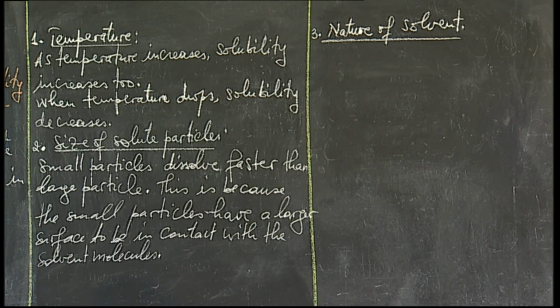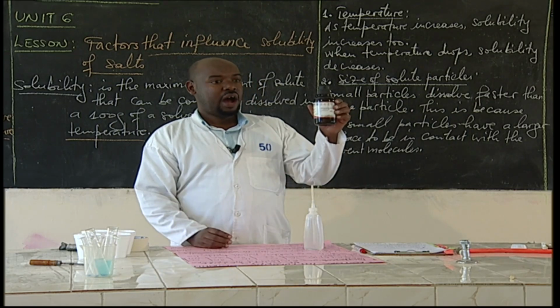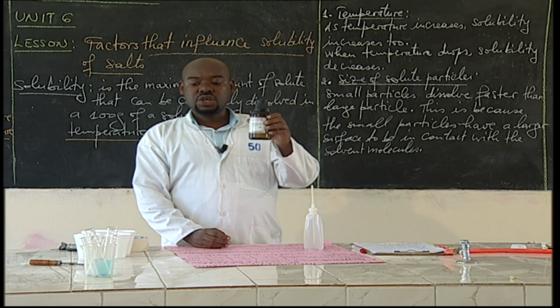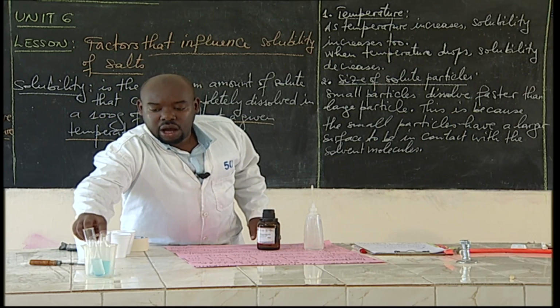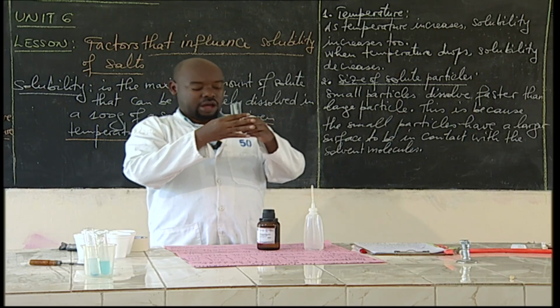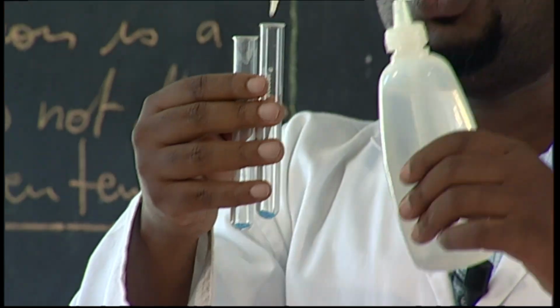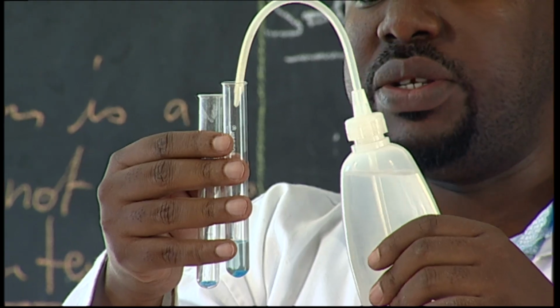We will use water as the inorganic solvent and hexane as the organic solvent. What happens? Here we have our solute in the two test tubes, and we have the two solvents. Let us add water and see what happens.